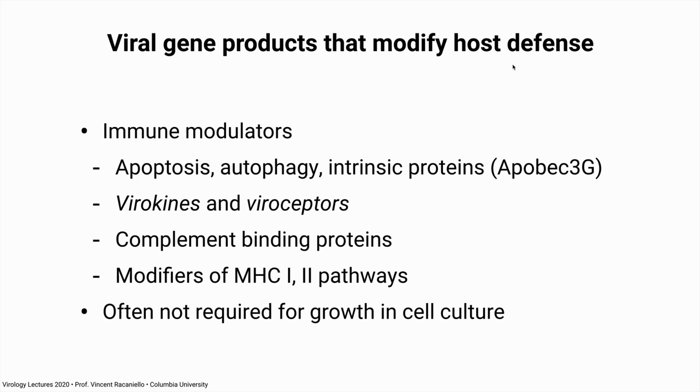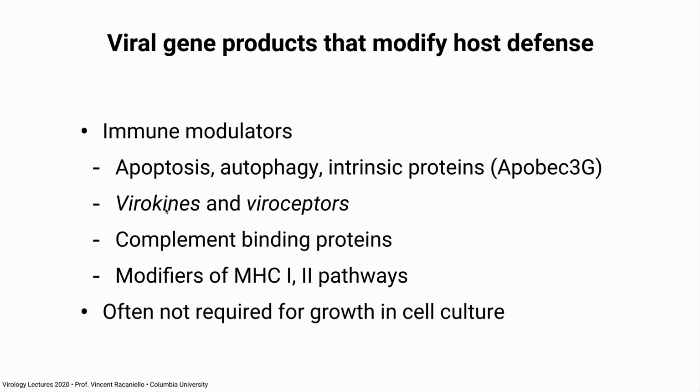And these immune modulators include proteins that regulate apoptosis, autophagy, and intrinsic proteins like the deaminase APOBEC3G, virokines and viroceptors. These are viral proteins that are homologs of chemokines and chemokine receptors.